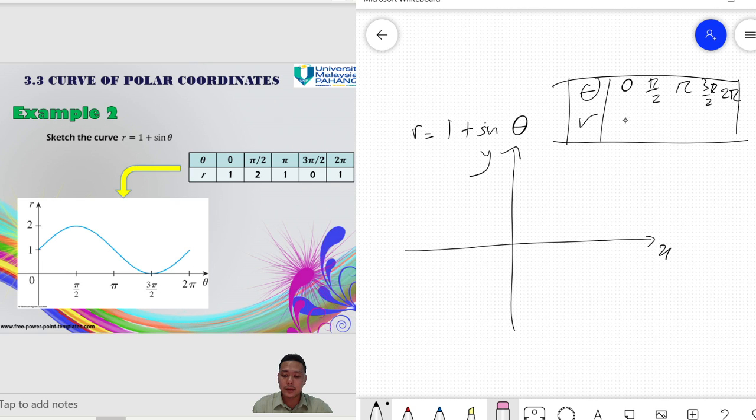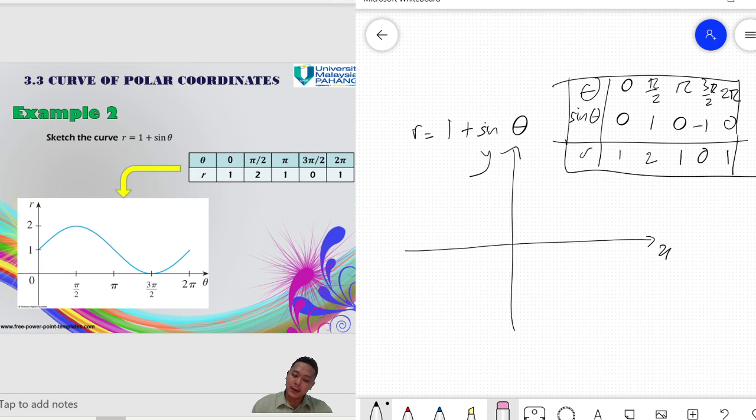I add one more column, sine theta, then R. Sine theta: sine 0 is 0, sine pi over 2 is 1, sine pi is 0, sine 3 pi over 2 is negative 1, and sine 2 pi is 0. Adding 1, R is 1, 2, 1, 0 and also 1.